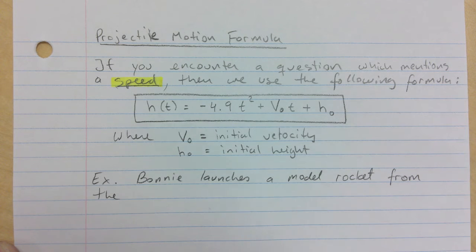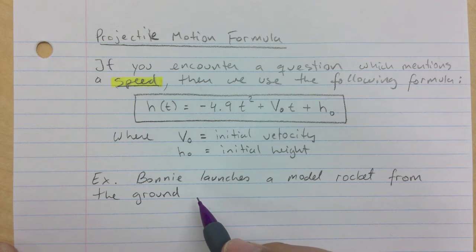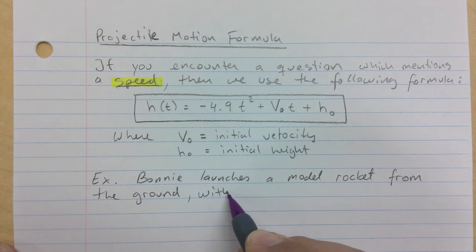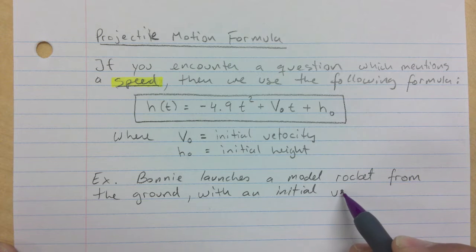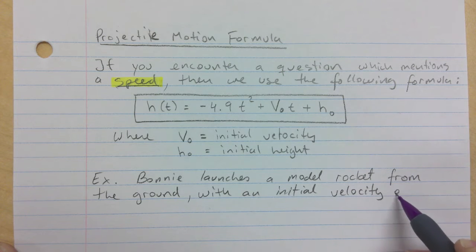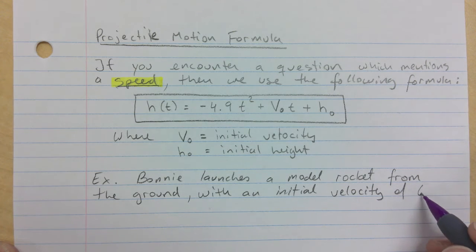So Bonnie launches a model rocket from the ground with an initial velocity of 68 meters per second.